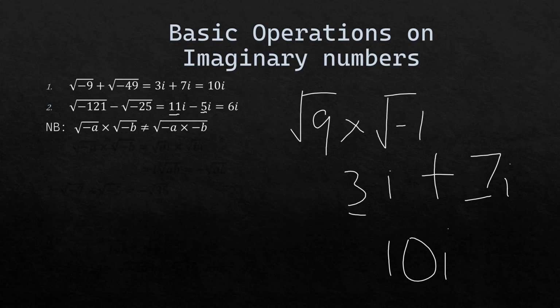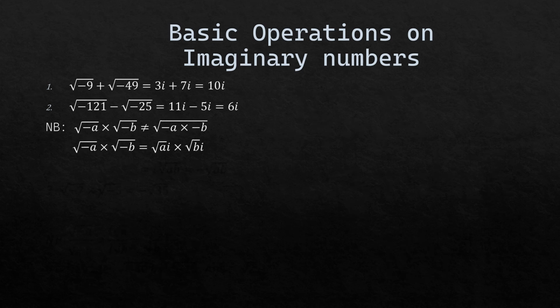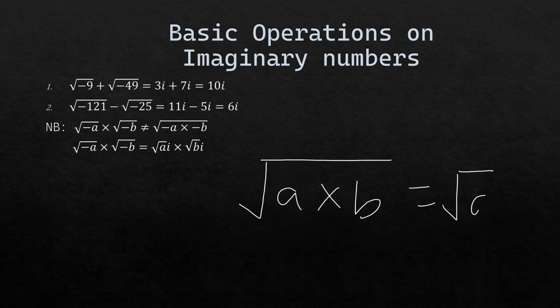You see, under normal circumstances, we know that root of a times root of b is equal to this. But here we are saying that for imaginary numbers that's not the case.